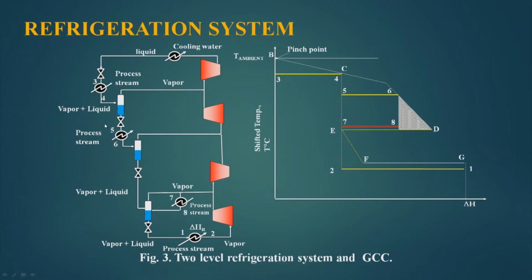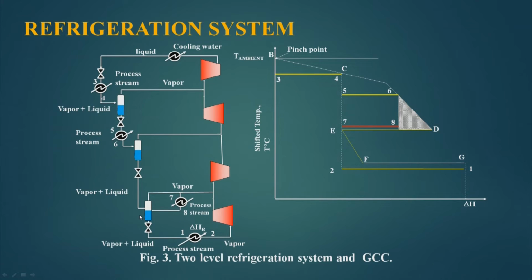Now, if we start from the lowest level, this is vapor and liquid, the liquid gets evaporated by giving heat from 1 to 2. I have a vapor, this is being compressed here, and the output is sent to here.